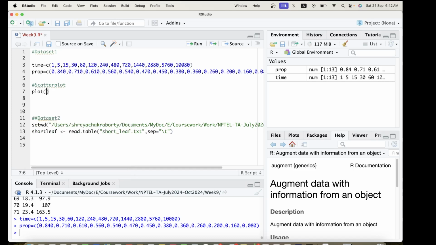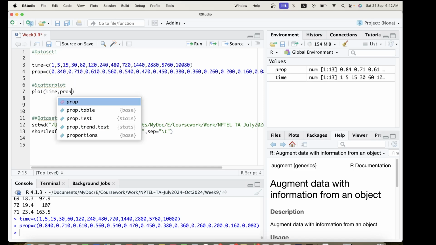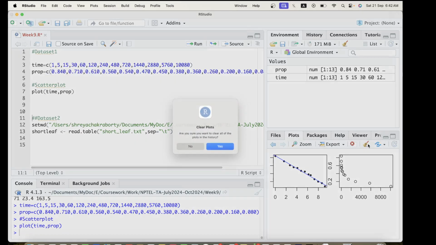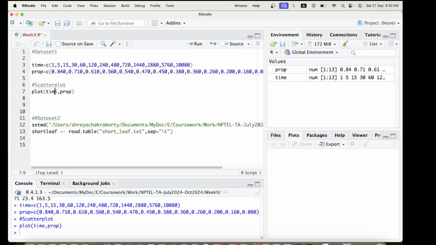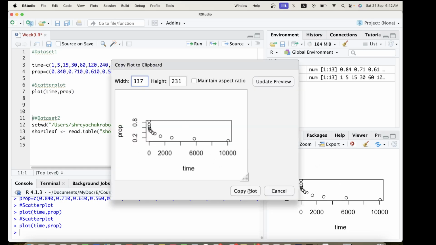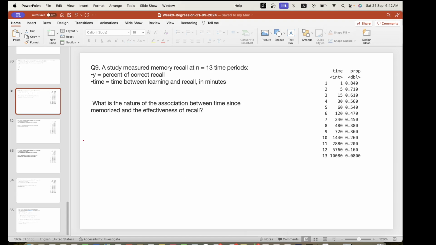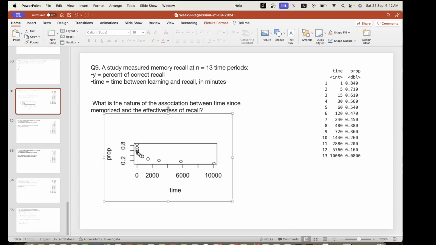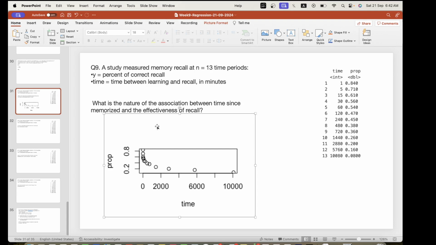To do that, the simplest command in R is plot. So plot time comma prop will give me the relationship between this variable and this variable.